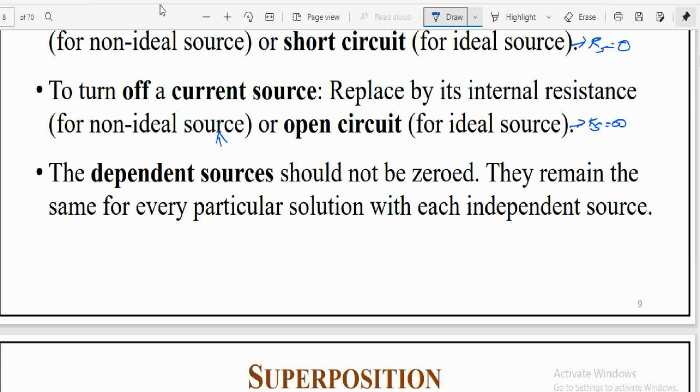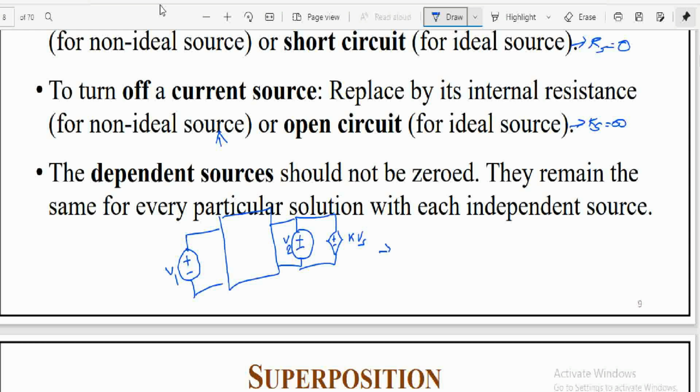If I have a voltage source, and that is connected to one circuit, if I have one more voltage source, and if I have a dependent source, here I am considering this is a voltage source, some K into V voltage dependent voltage source. So this is your V1 and this is your V2.